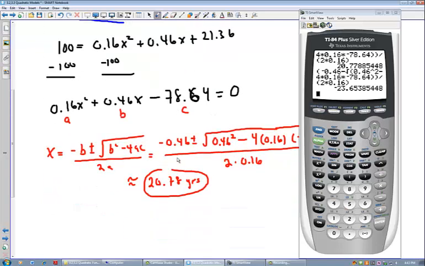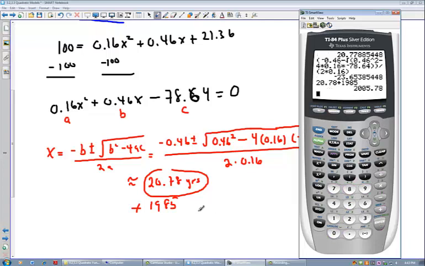To give my final answer, I should add 1985 to this. If you take 20.78 and add those number of years to 1985, you get 2005, let's say. So in 2005, this should occur. Here's my answer right there, in 2005.